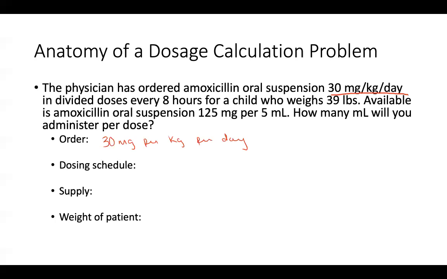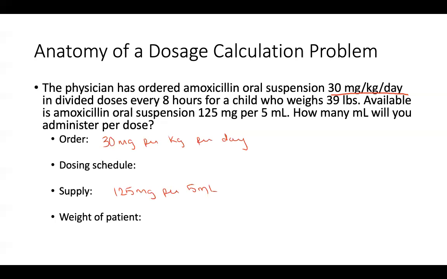That means every day this child is going to receive a total amount equal to 30 milligrams per kilogram of weight. We also need the supply. And it says in the problem, available is amoxicillin oral suspension, 125 milligrams per 5 milliliters. So that's our supply.